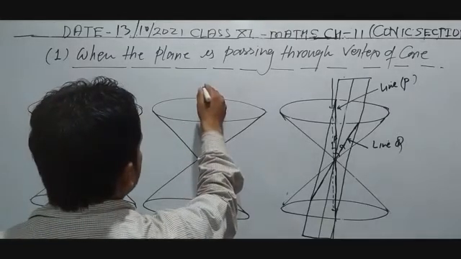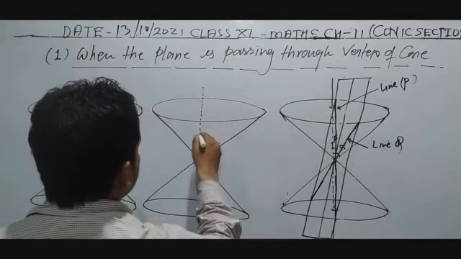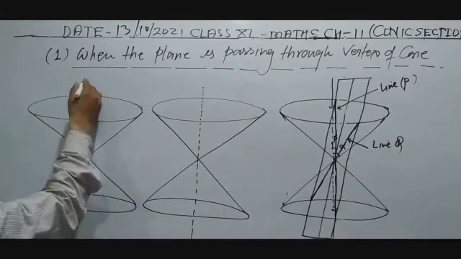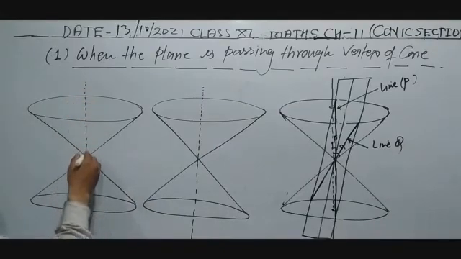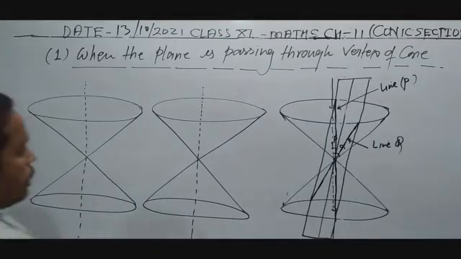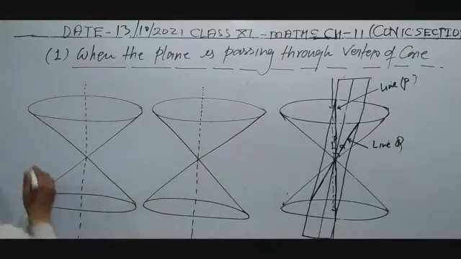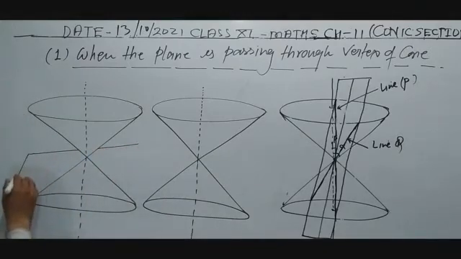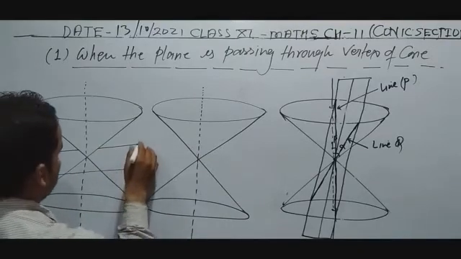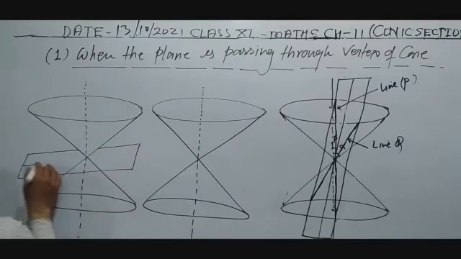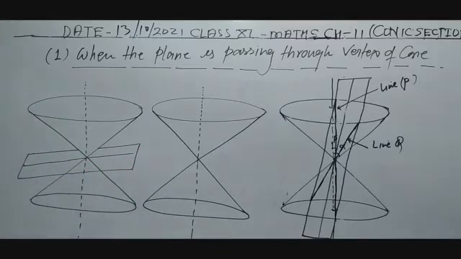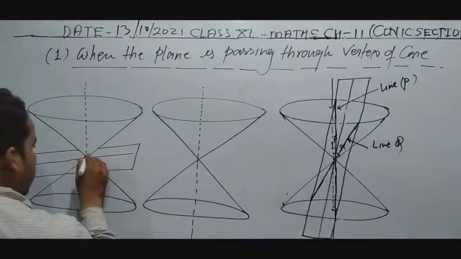Suppose this is the axis of the cone. In the first case, the plane was passing through the vertex, and in this case you will get a single point.